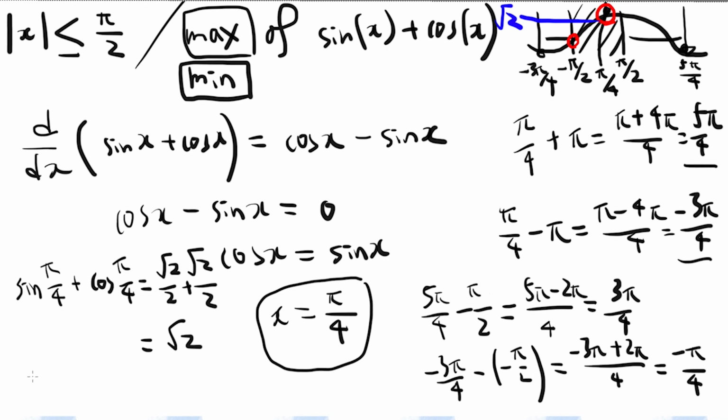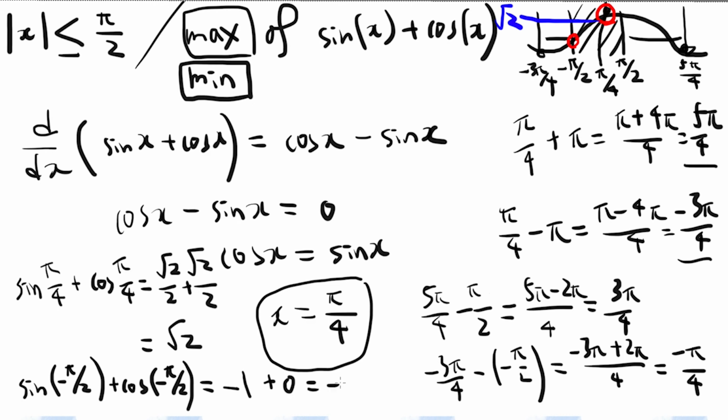And what is sine minus pi over 2 and cosine minus pi over 2? Sine minus pi over 2 is minus 1, and cosine minus pi over 2 is 0. So this is minus 1. Therefore, the maximum value is root 2, and the minimum value is minus 1.